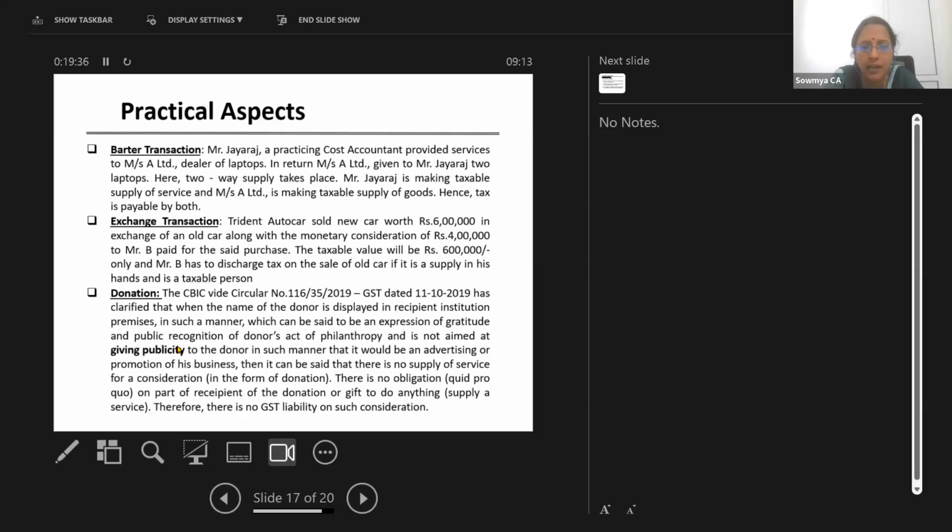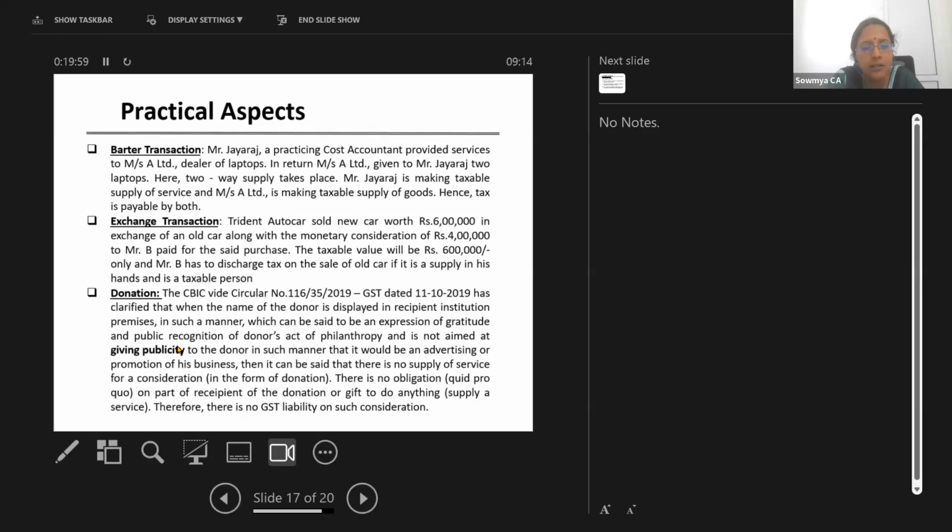So this is basically an exchange where the goods are of the same category. So those will be exchanged, unlike barter. Barter will be of two unidentical goods or services. It could be both. But exchange is always with respect to goods only of the same category. That's what I feel, though there is no particular definition for barter and exchange.